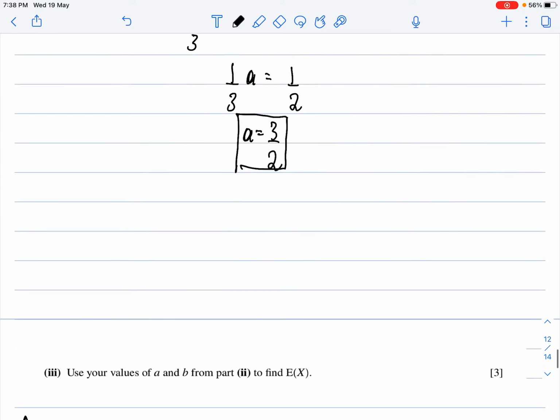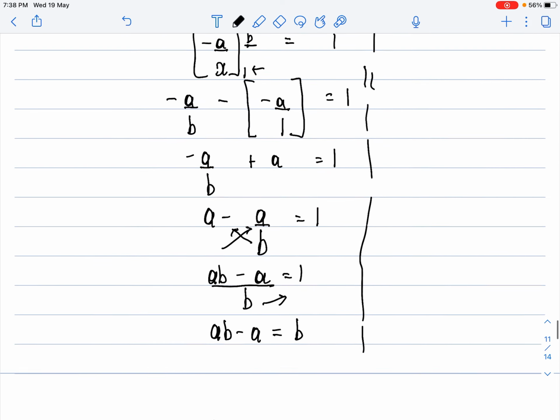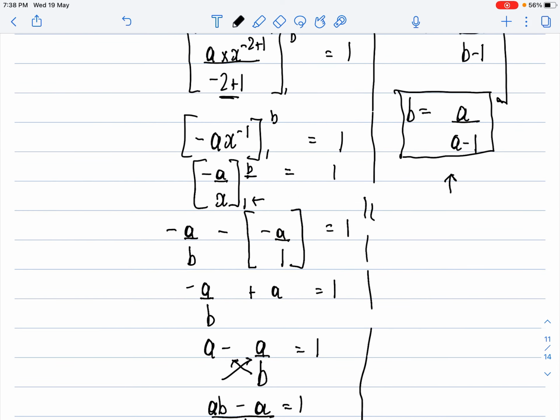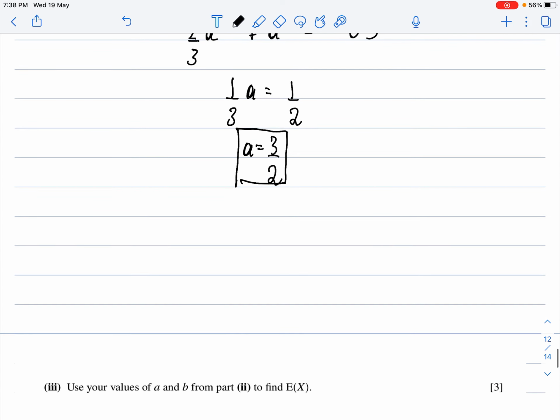So now I know my b is equal to a over a minus 1. So b is equal to 3 over 2 over 3 over 2 minus 1. So the b I basically get is 1.5 over 1.5 minus 1, which is 3. So I get my value as b.